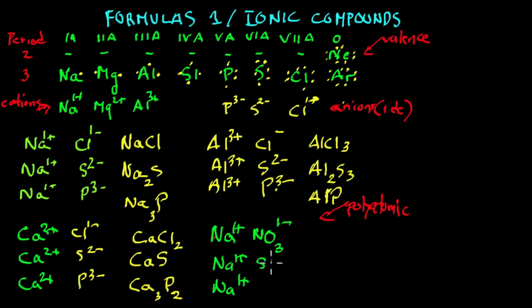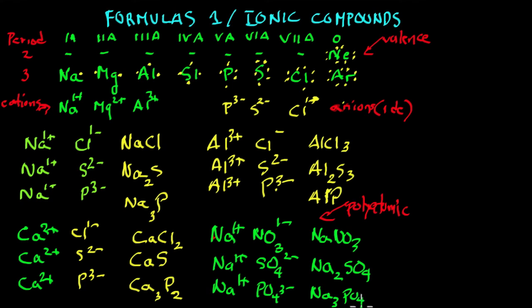And we'll take sulfate, 2 minus, and phosphate, 3 minus. Formulas are NaNO3. And now this is 2 sodium ions for every sulfate. The sulfates all combined in 1 unit, and this would be Na3PO4.